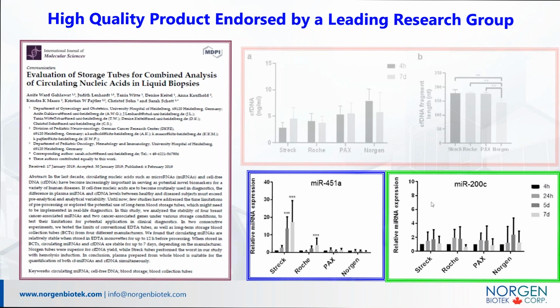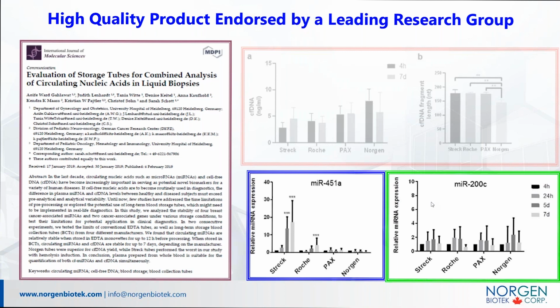On average, Roche had the least yield, as they measured it by PCR amplification, with 45 nanograms microRNA per ml of plasma. Streck and Norgen were comparable. Streck showed 79 nanograms per ml, whereas Norgen showed 86 nanograms per ml.